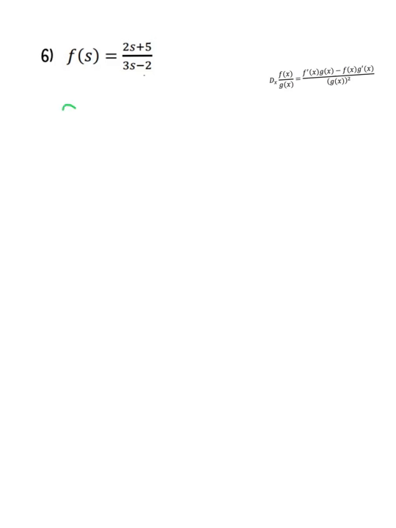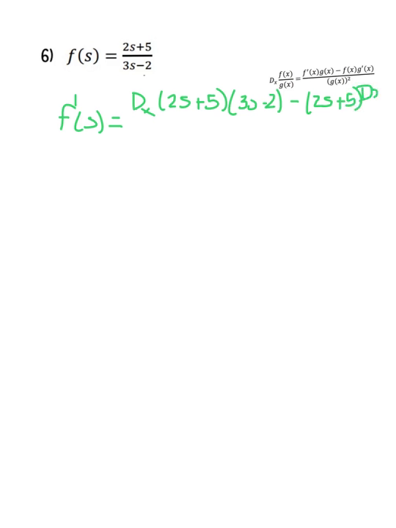So the derivative with respect to s will be the derivative of 2s plus 5 times 3s minus 2, minus 2s plus 5 times the derivative with respect to s of 3s minus 2, and this is over 3s minus 2 squared.